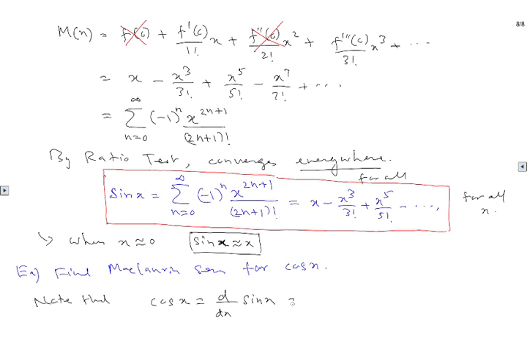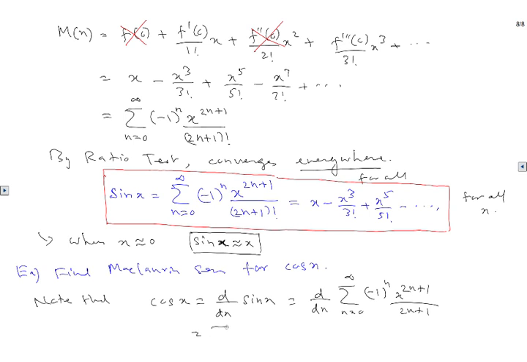So what we're going to do, we're going to plug in here. So it's d by dx. We're going to put the series here. So sigma n going from 0 to infinity, x to the 2n plus 1 over 2n plus 1 factorial. Switch the derivative and the summation.